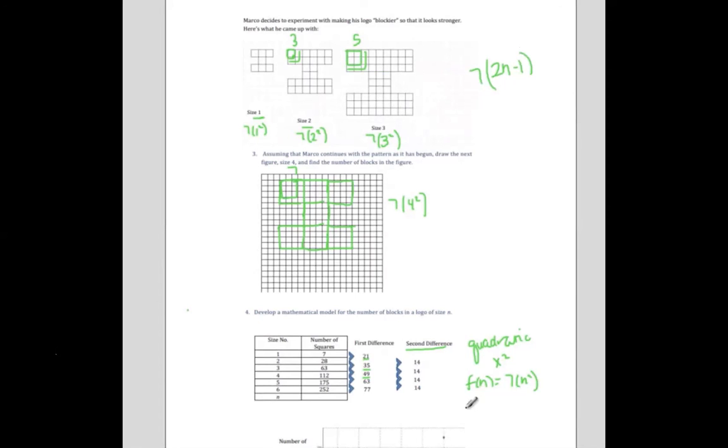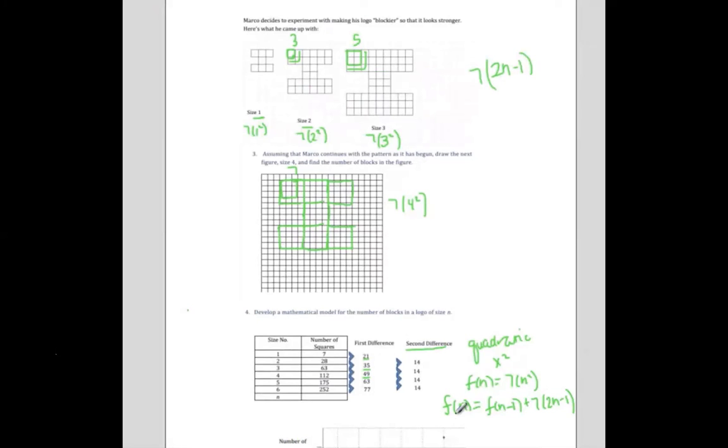So for my recursive formula, I could take f of n is equal to all the squares that I had before, so f of n minus 1, plus all of the new squares that I had, which would be 7 times 2n minus 1.